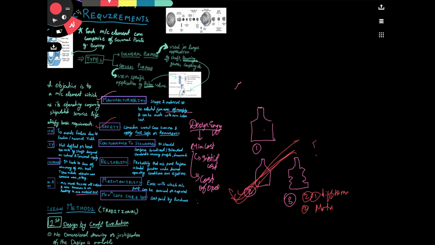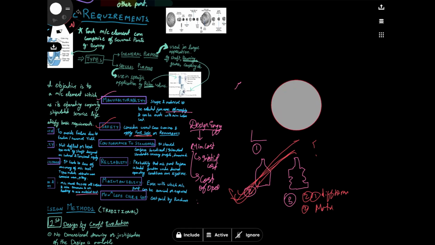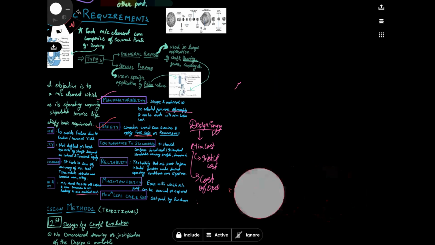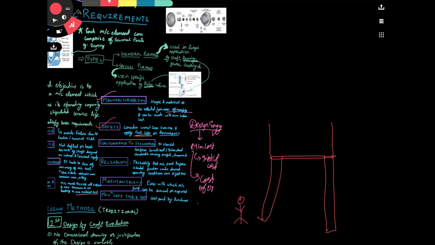Safety is also very much a concern. The worst case scenario should be considered and a fail-safe arrangement should be made. I'll explain this with a very good and classic example, and it actually happened in one of my careers. There's an overhead tank, at the very top of the building, and the people are standing here, right?